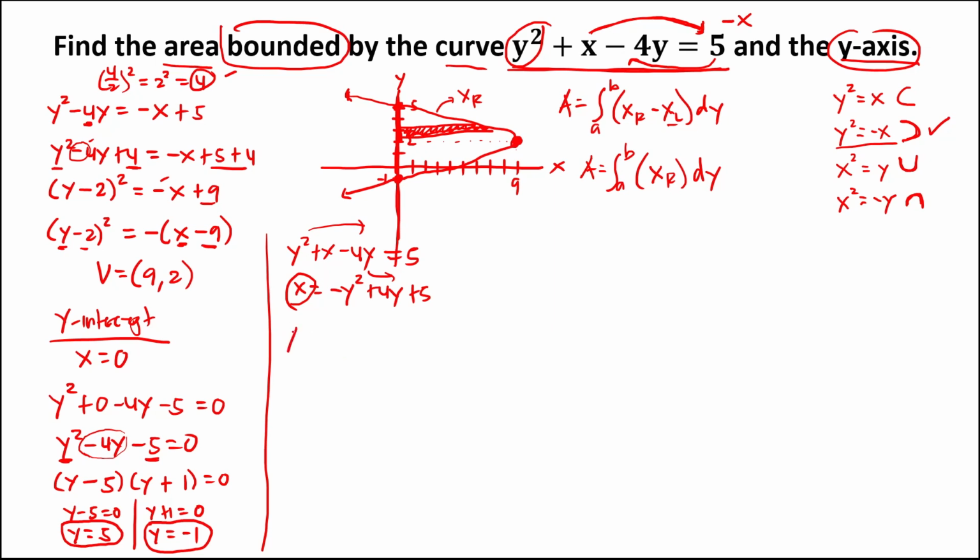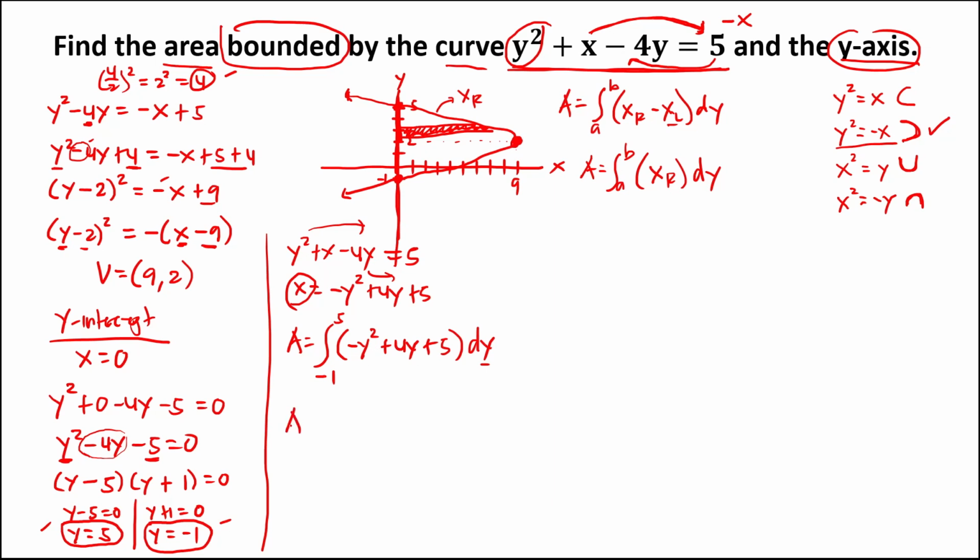Then to find now the area, we have the integral of the right x, which is negative y squared plus 4y plus 5. For the limits, since we have y variable, negative 1 is the lower limit and positive 5 is the upper limit.